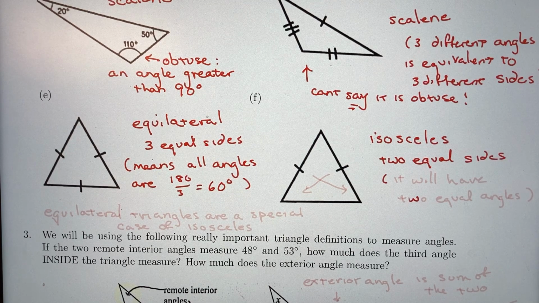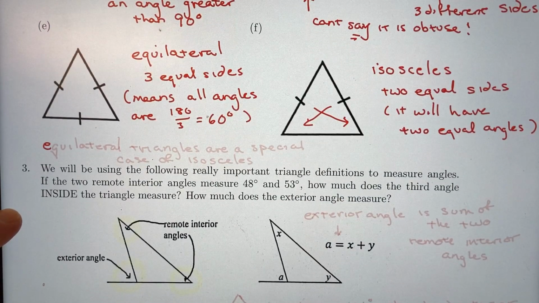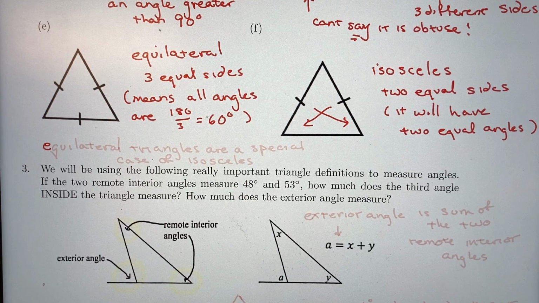So notice this means it will have two equal angles also. The angles that are equal are across from the sides that are equal. All right, so also notice equilateral triangles are a special case of isosceles.